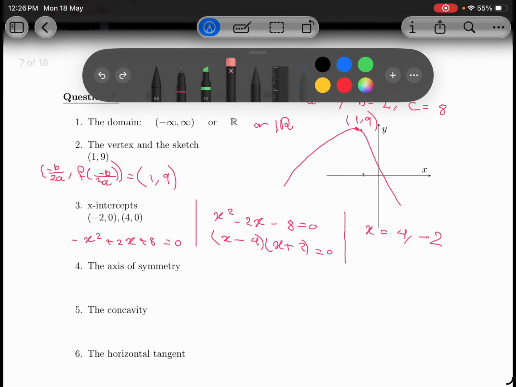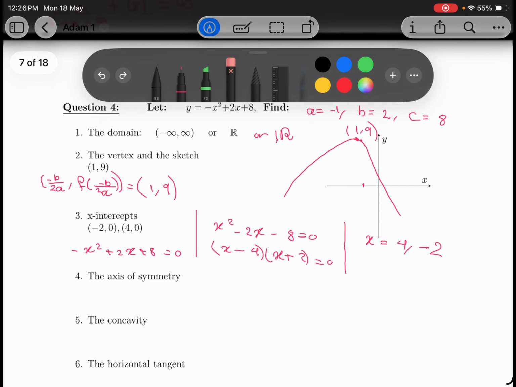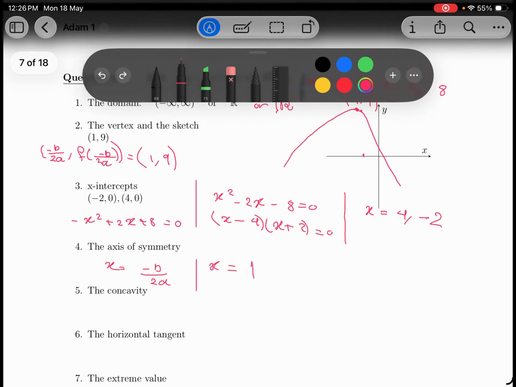So the axis of symmetry equals x equals, it's obvious, x equals minus b over 2a. In other words, it is x equals the x-coordinate of the vertex, which is 1. And this line here will split this parabola into two identical parts, okay?